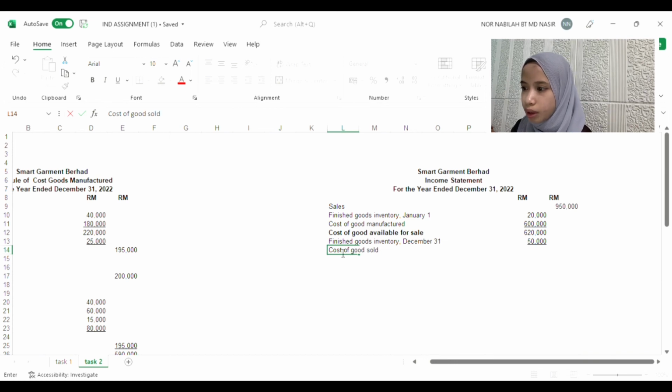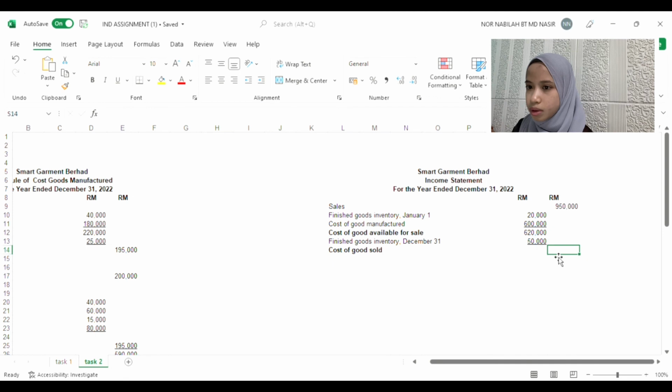For cost of goods available for sale and finished goods inventory December 31, we get the cost of goods sold.